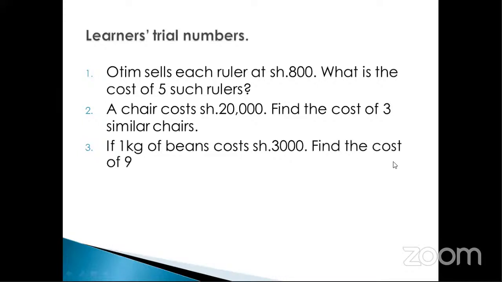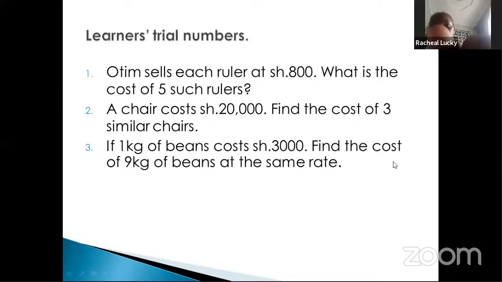Angel, can you read the last number? Lucky, can you read the last number? Lucky, Rachel. If 1 kilogram of beans costs 3,000 shillings, find the cost of 9 kilograms of beans at the same rate.